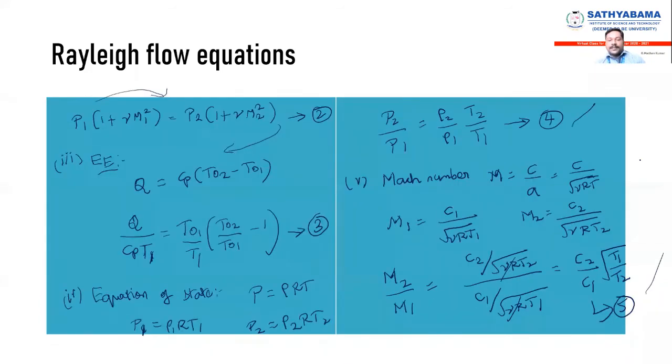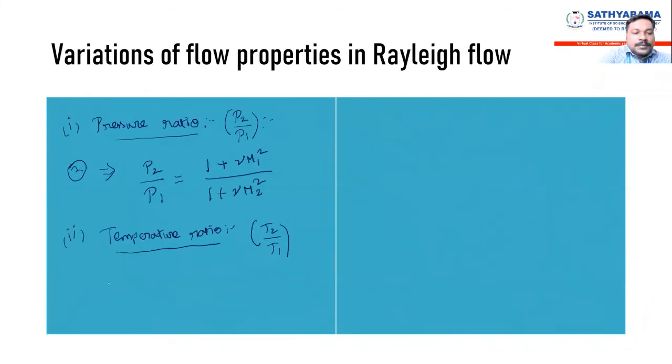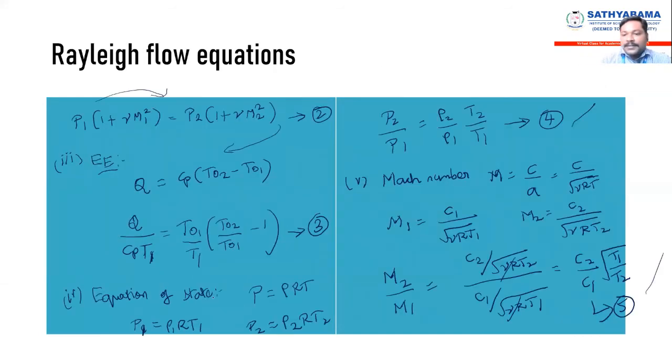So let us write equation number 1 first. Equation number 1 implies rho 2 by rho 1 is equal to C1 by C2. And what is C2 by C1? We can find the value of C2 by C1 from equation 4.